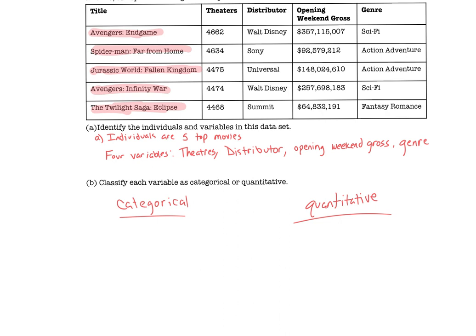So that would be the distributor, and that would be the genre. Those 2 things do not have numerical values in them, whereas the quantitative would be the number of theaters, and would also be the opening weekend gross.